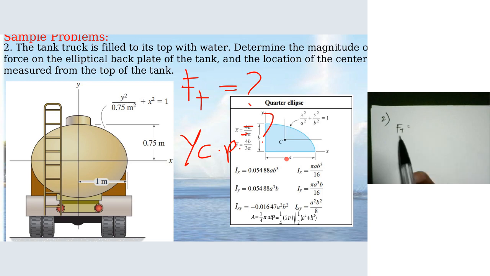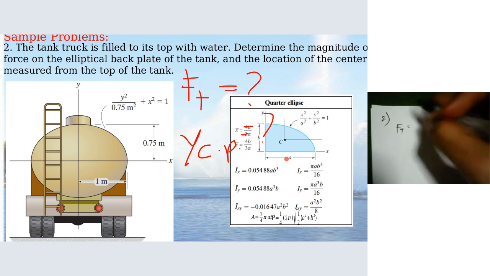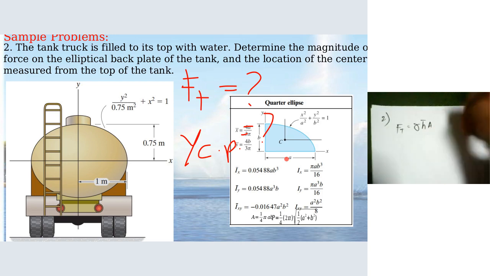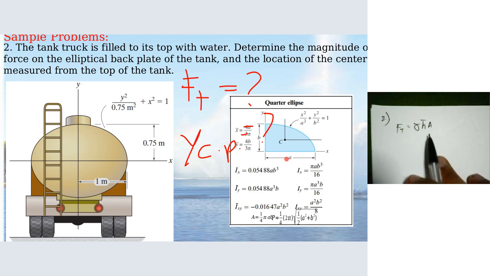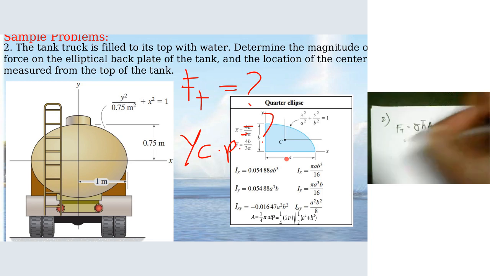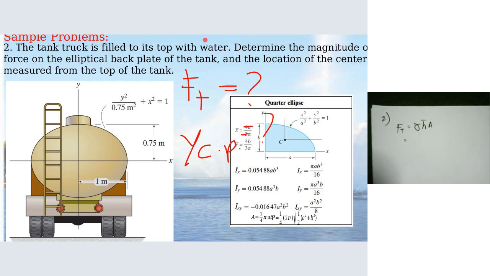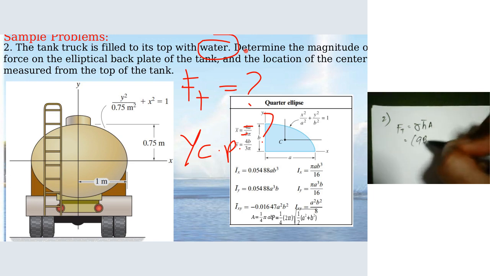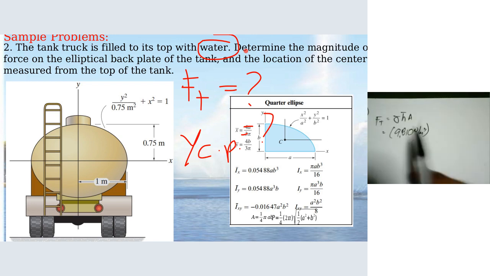Let us solve. F sub t formula is gamma h bar a. So what's the unit weight? The fluid is water. Therefore, we will use gamma sub W, which is equal to 9,810 Newton per cubic meter. And then we'll have to multiply the H bar.